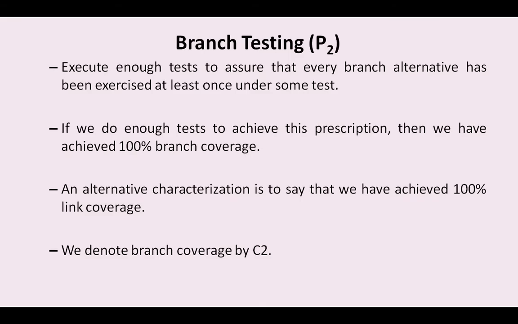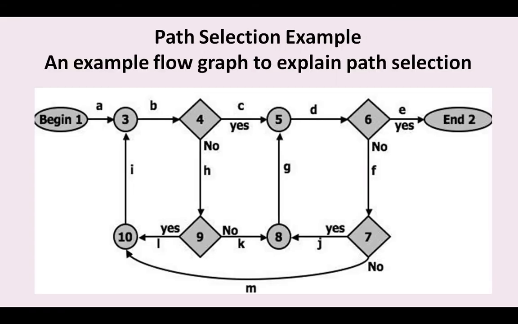Okay. So next one, how path selection is done; an example is given for a graph. In this path testing criteria in the path selection graph, we are giving an example of how it can be tested. Let us see. This is one example graph.